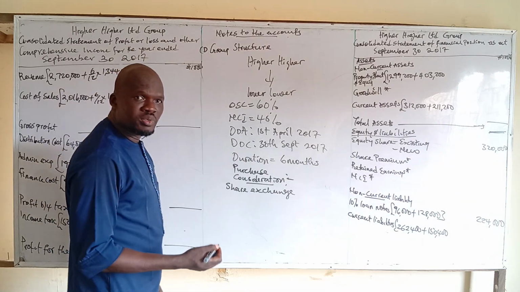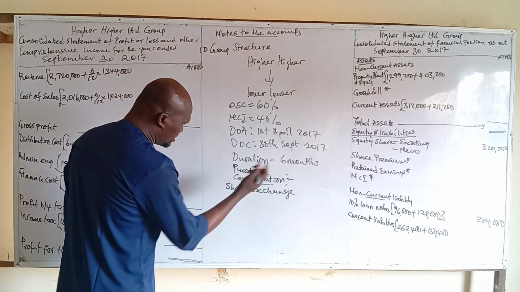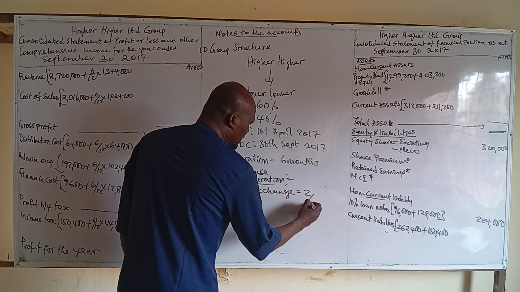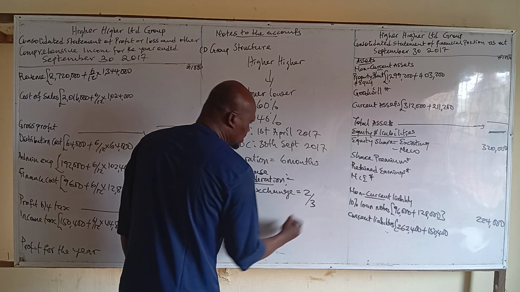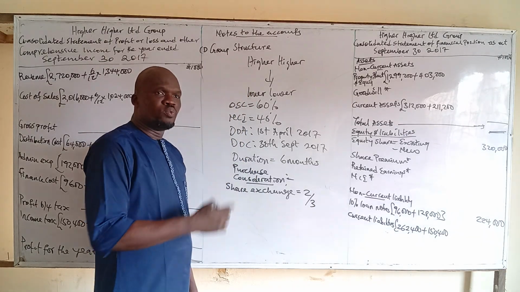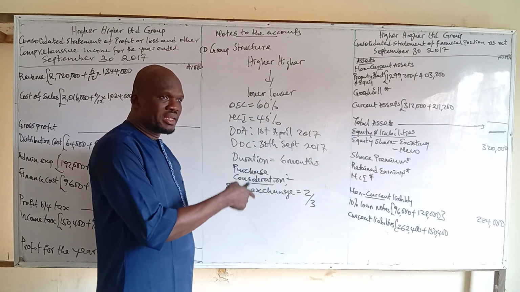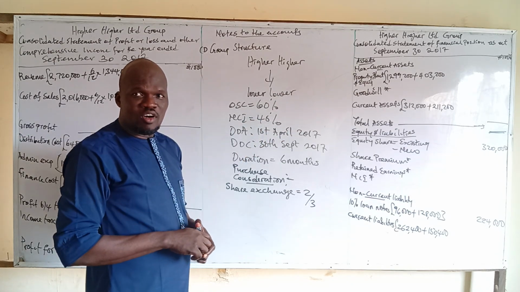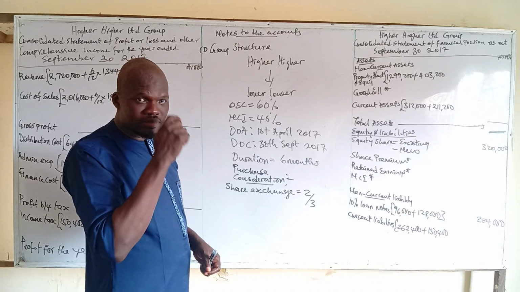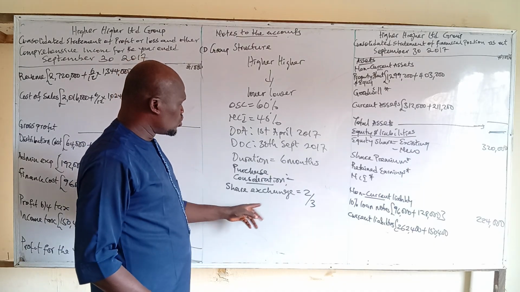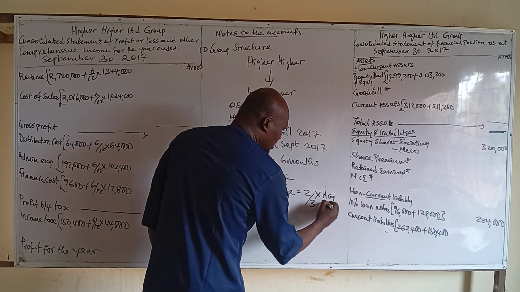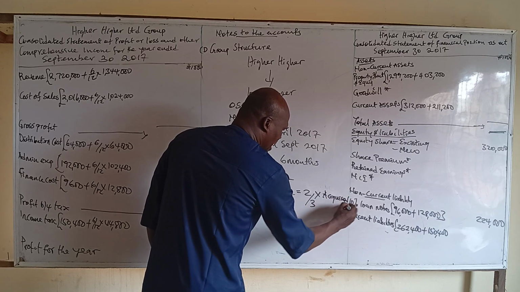How do we determine the exchange of the shares? They said 2 for 3. That is 2 over 3 of the acquired shares, times acquired shares.